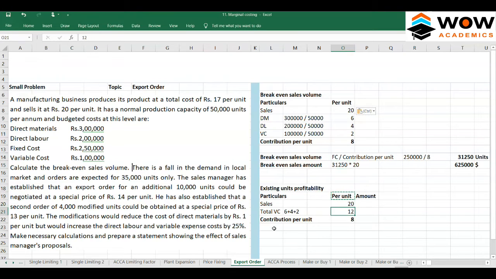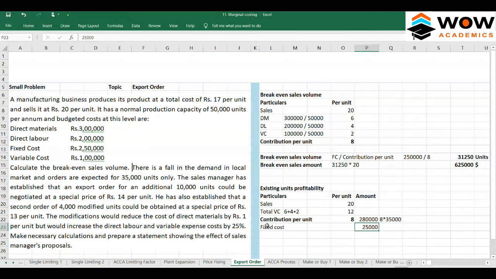In terms of amount, we could easily multiply by the numbers. So we have 8 into 35,000 units, and our fixed cost is 2,50,000.